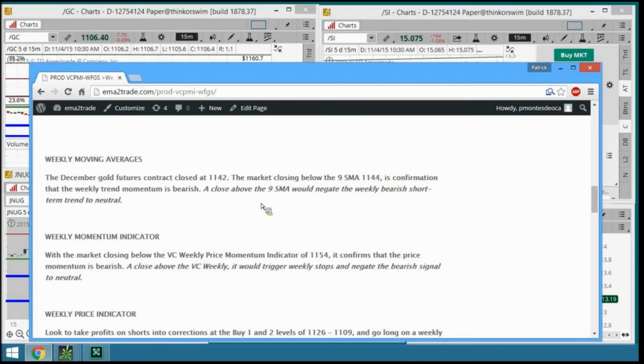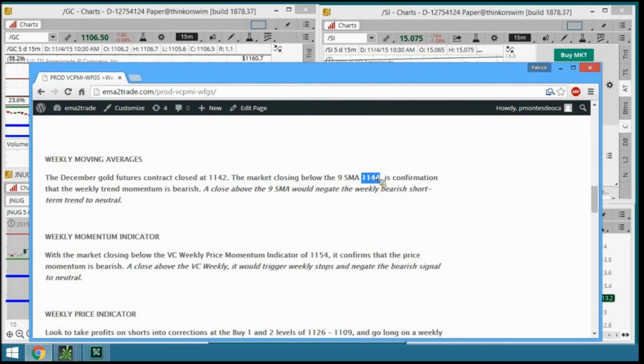It also tells you that if it closes above 1144, then this bearishness is going to be negated, and the signal would turn from a bearish short term to neutral.